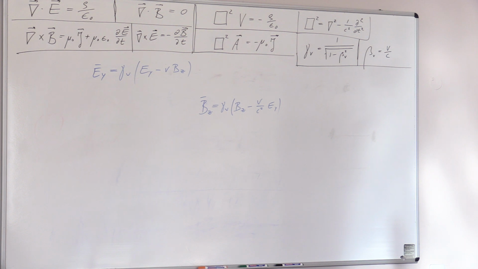Same thing, if you just turn these plates by 90 degrees, then you get the y and z components, so the y component of b, and the z component of e tangential. So do exactly the same thing, just with the plates turned by 90 degrees.